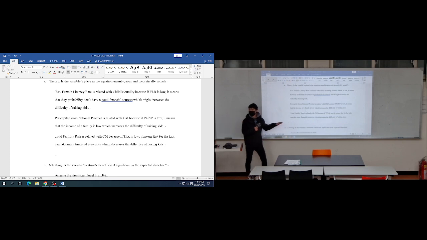Well, for these variables, I'm thinking that maybe the total fertility rate is about the rates for the whole nation. So in other words, if we have more births, then there's a higher probability of a higher mortality rate for the newborn baby.